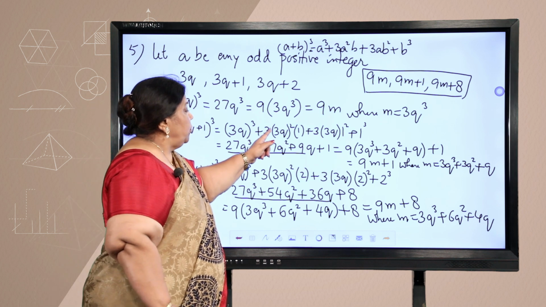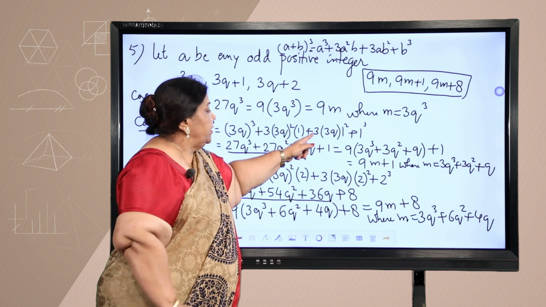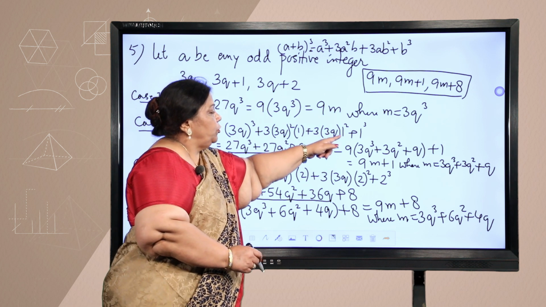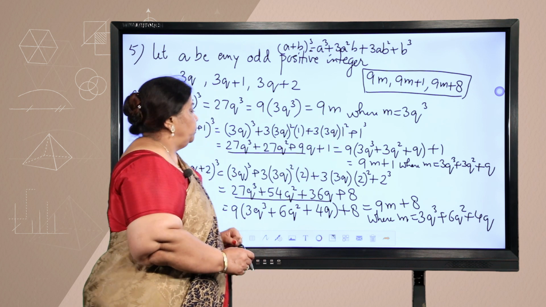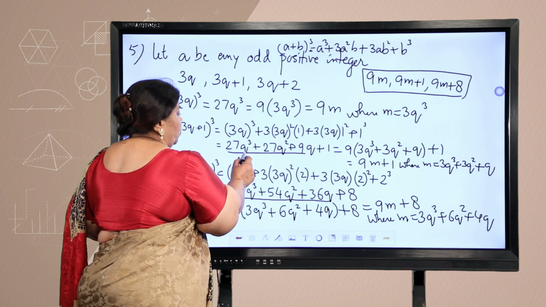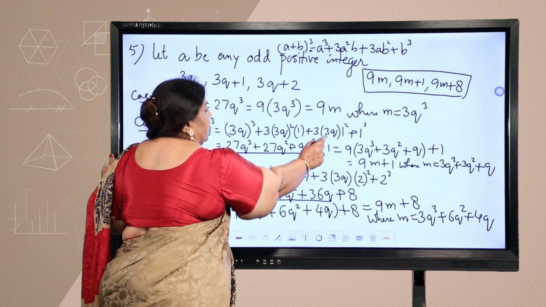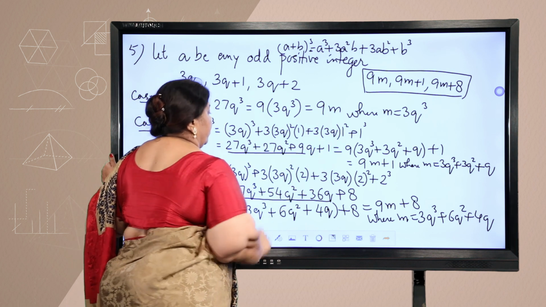That gives me 3 into 3q square into 1 plus 3ab square. So, 3 into 3q into 1 square plus 1 cube. This on simplification gives me 27q cube plus 27q square plus 9q plus 1.